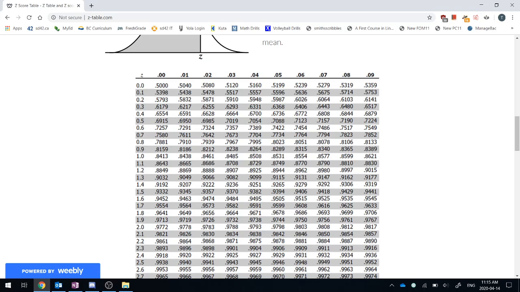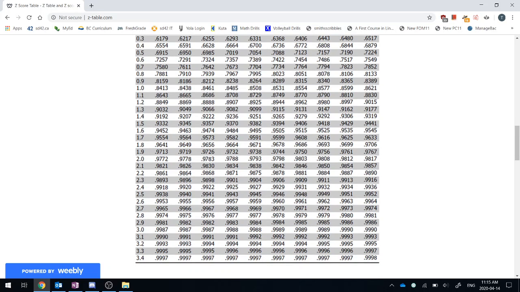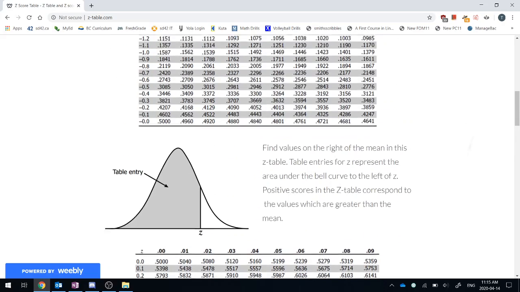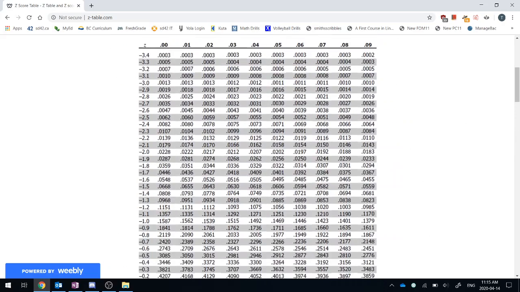So what are all these numbers? Why do we care? The way we read this table, or what these numbers are telling you, is the area underneath the curve. It's not given as a percent, it's given as a decimal.